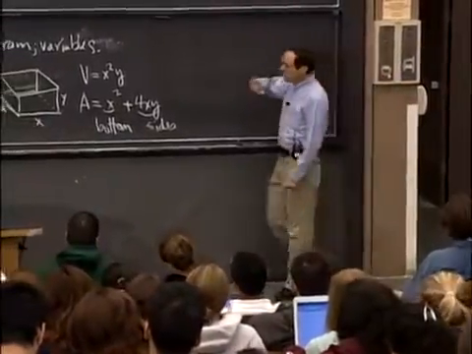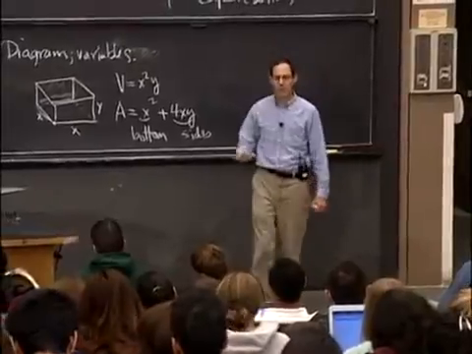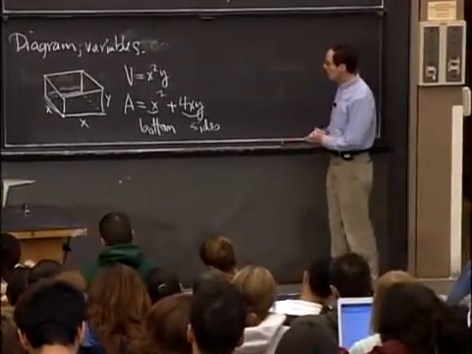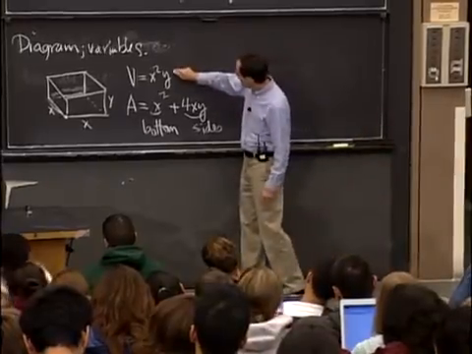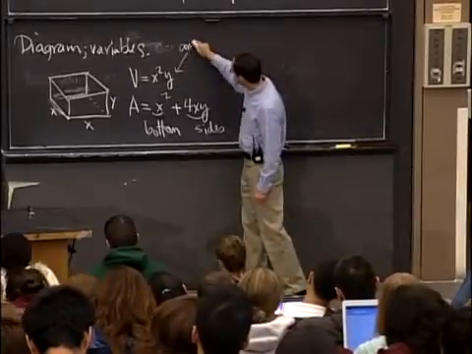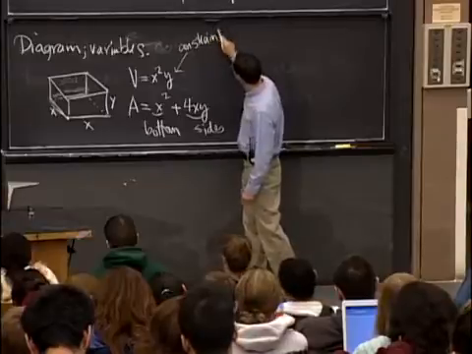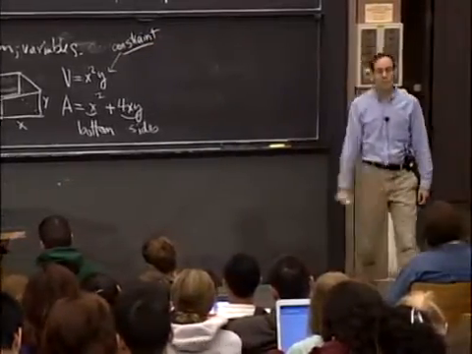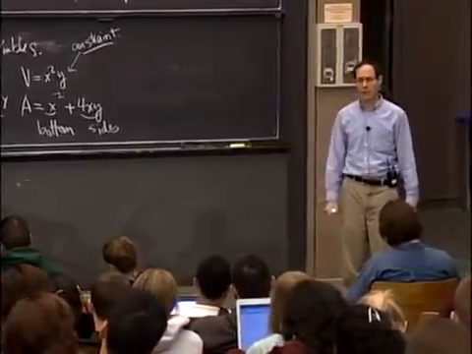So now, the difference between this problem and the last problem is that there are 2 variables floating around, namely x and y, which are not determined. But there's what's called a constraint here. Namely, we've fixed the relationship between x and y.